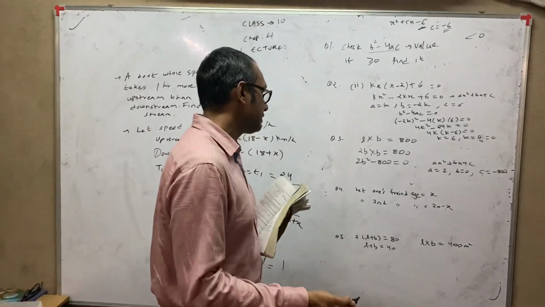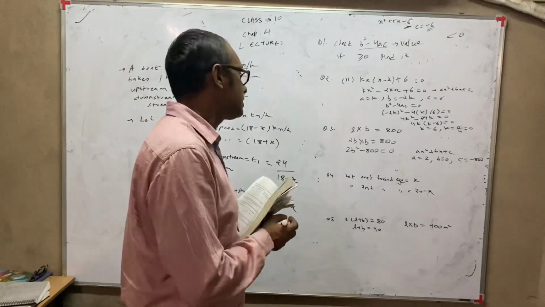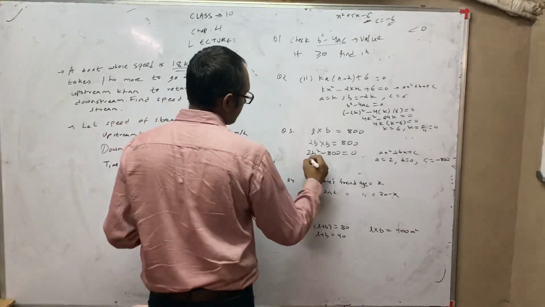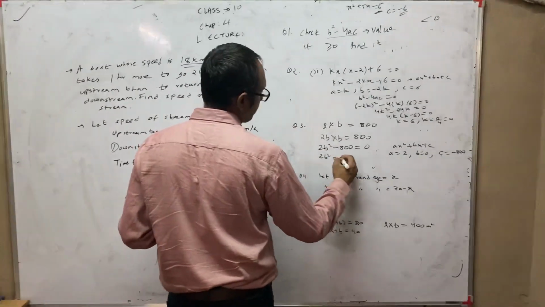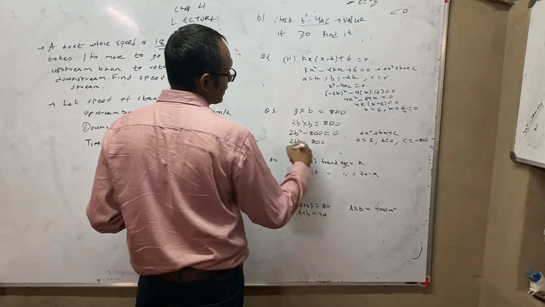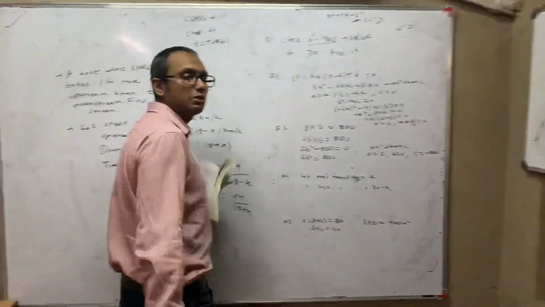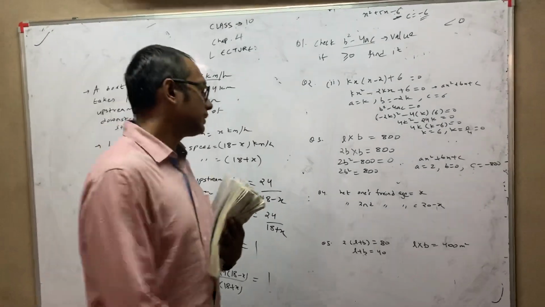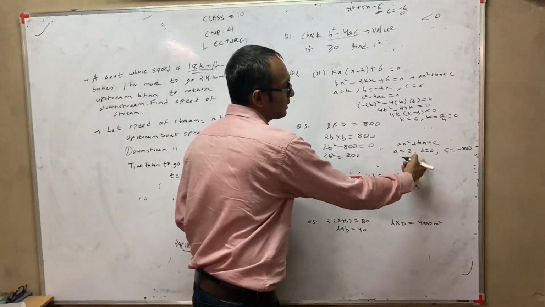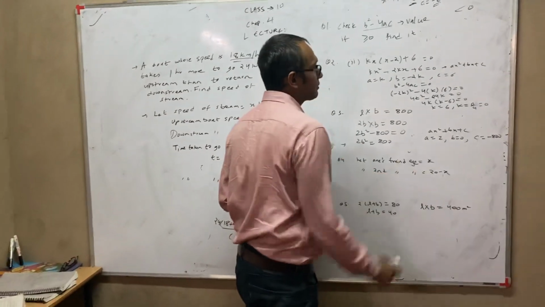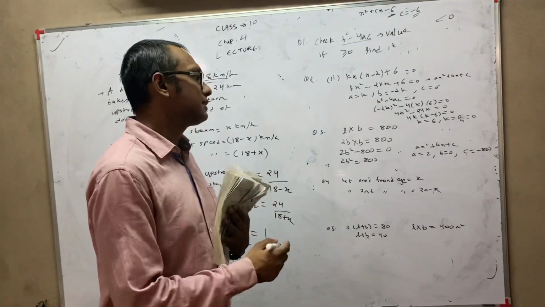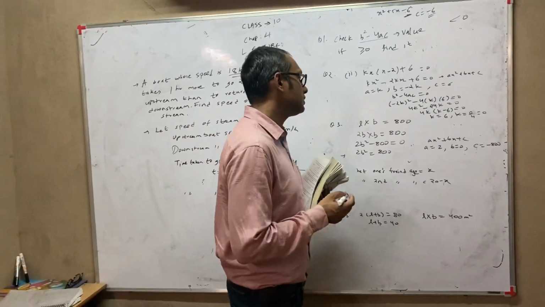If it is greater than 0, then of course you go ahead and solve it. When you are solving it, it will be very easy if you just take this 800 there and then you take 2 down and get the under root and finish the sum. But do this step only after checking this. You have to check b square minus 4ac is greater than 0 or not. Then only you do this step.